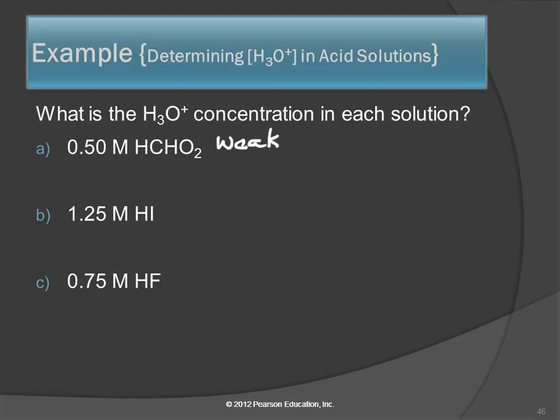What is the important thing about weak acids? How do they ionize? Not completely. So this will ionize, it's monoprotic, we'll have a hydrogen ion and we'll have the rest of this, but only a little bit. So can we actually calculate how much hydrogen ion there will be? The basic thing that we've got going on here is an equilibrium.